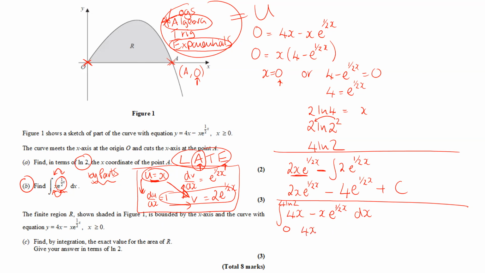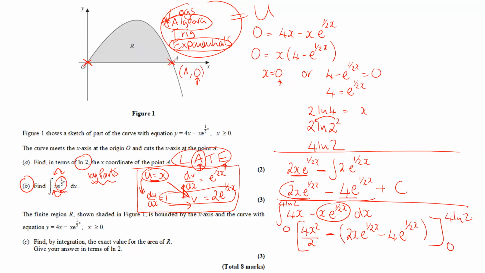That's going to be 4x squared all over 2 minus, now part B made us integrate this by parts, but when we did by parts it gave us two terms and it's minus an integral that has two terms, so we need some brackets and then just slot this in. We won't do the plus c, so it'll be 2x e to the half x minus 4e to the half x, and we need to go from 0 to 4 ln of 2.